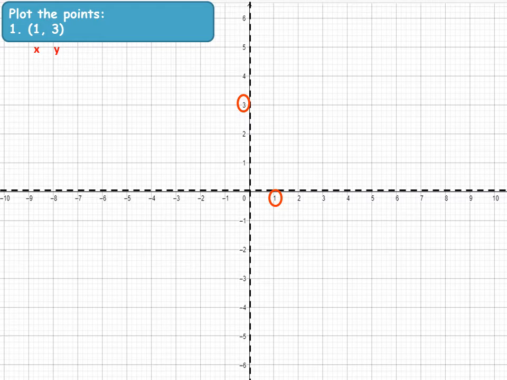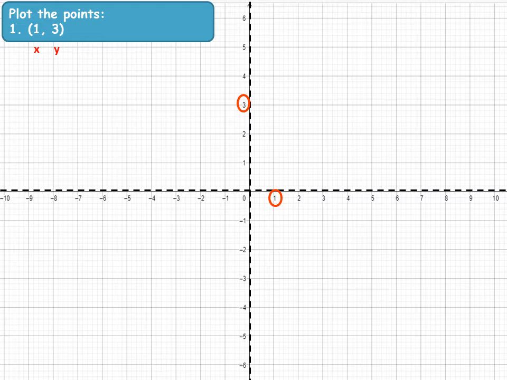Then we're going to just draw a line to see where the two numbers meet. So we're going to draw an imaginary line. You can trace an imaginary line through the number 1 on the x-axis and another imaginary line through 3 on the y-axis to see where the 2 points would meet.